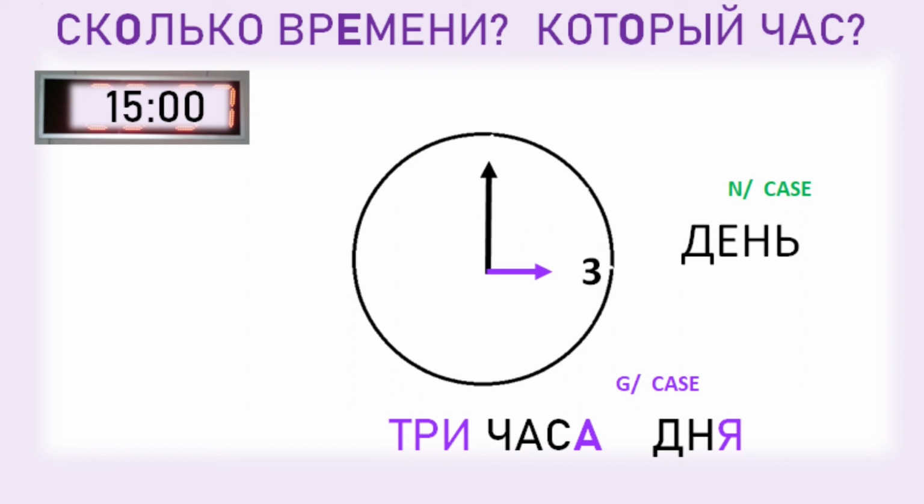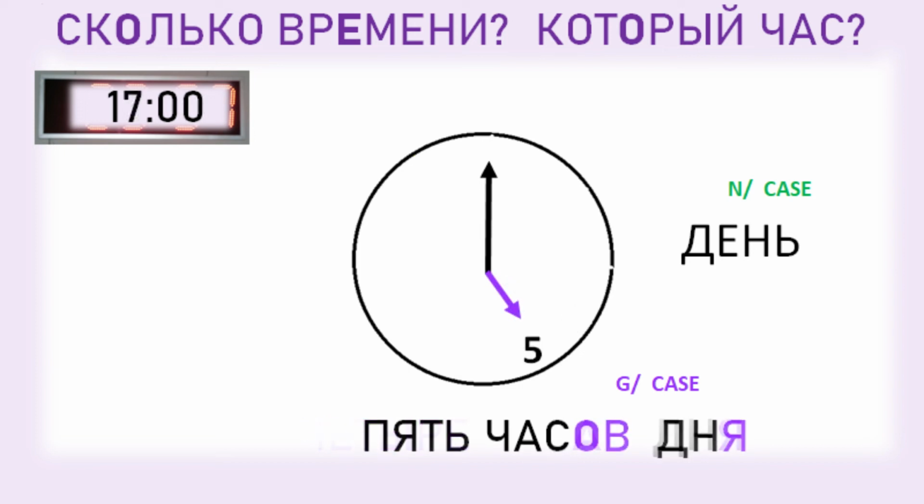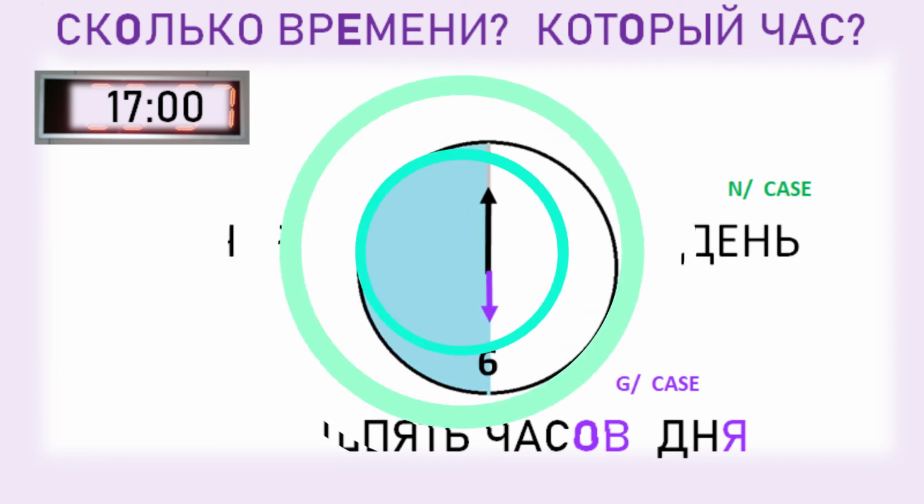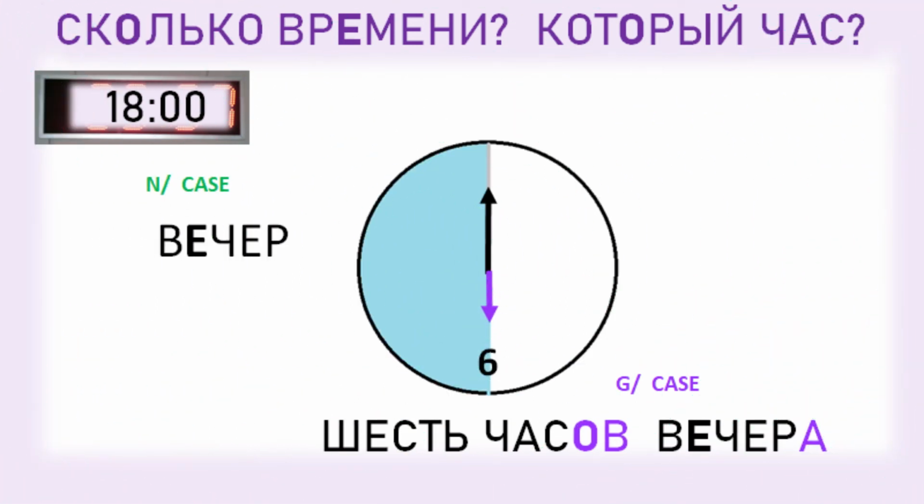3 p.m. 4 часа дня. 4 p.m. 5 часов дня. 5 p.m. 6 часов вечера. 6 o'clock in the evening.